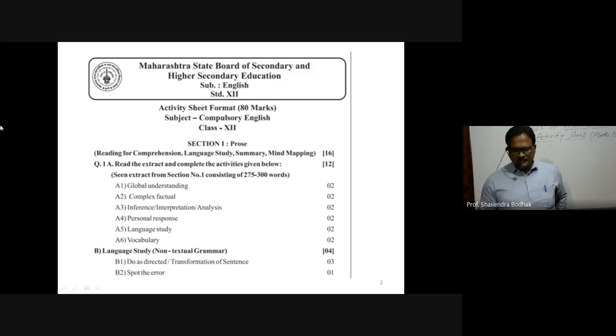Then what sort of activities? Self experience. They may ask you to give your self experience or parallel experience, expressing views, opinion, ideas, reaction, response, you agree, disagree, suggestions, solutions, remedies, measures, steps, draw conclusion, give reason, impact, influence, effect, comment, criticize.